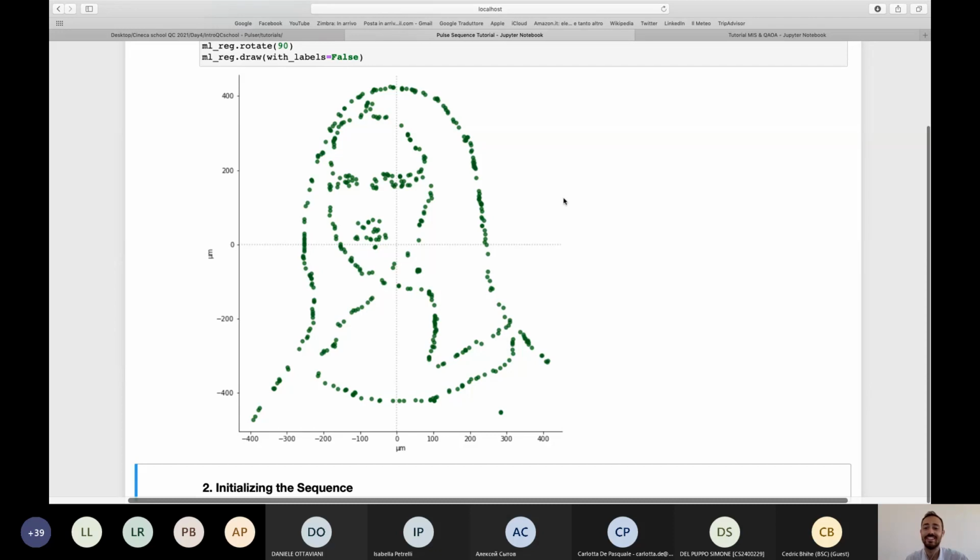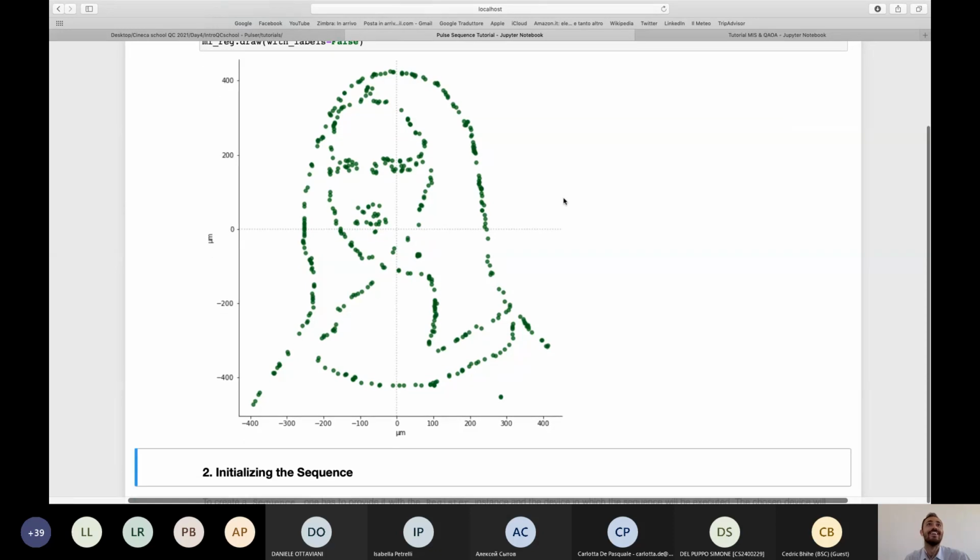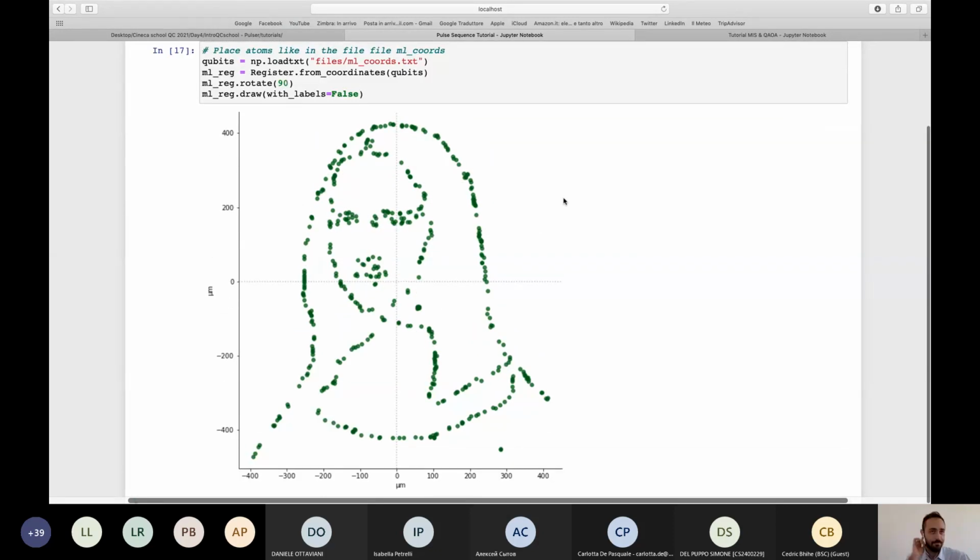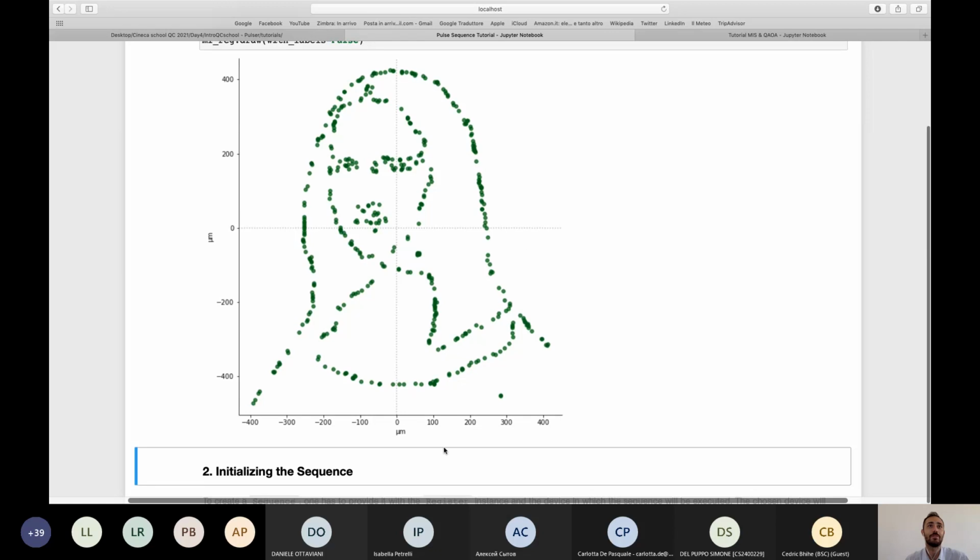Okay, probably it's not useful to set your qubit register as the Mona Lisa, or maybe yes, I don't know. Maybe Leonardo da Vinci was so smart that he saw it was going to be useful for quantum, but I don't think so.